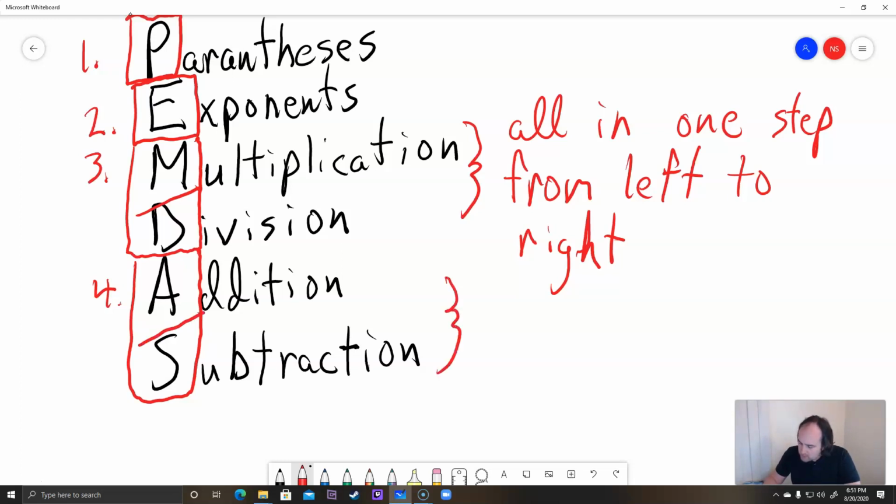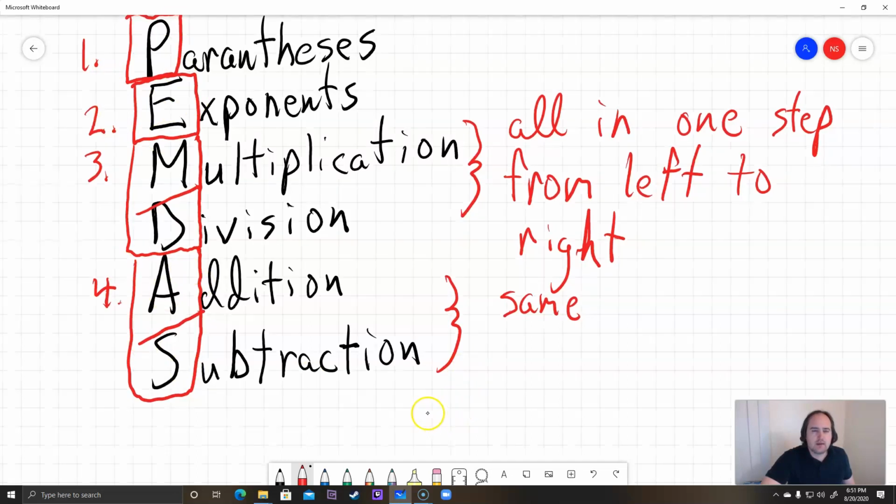Now it's really important that you realize the third step is multiplication and division, all in one step from left to right, because otherwise you're going to get the wrong answer. Okay, so PEMDAS is actually a 4-step process, not a 6-step process.